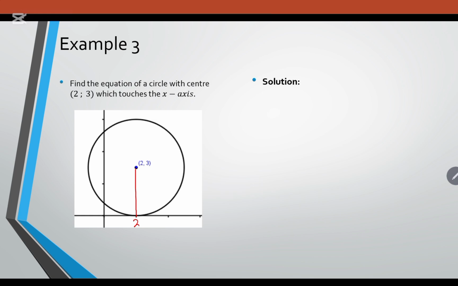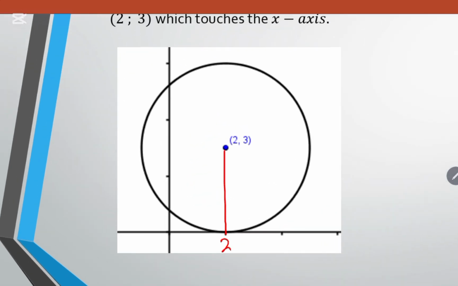Now, the demonstration here is that if you drop a line drawn through the center perpendicular to the x-axis, the equation of this line is x is equal to 2. It's passing through that central point. The value of y here is 3. So that means from this point all the way to the central point is 3 units. Therefore, this makes the radius of this circle 3.